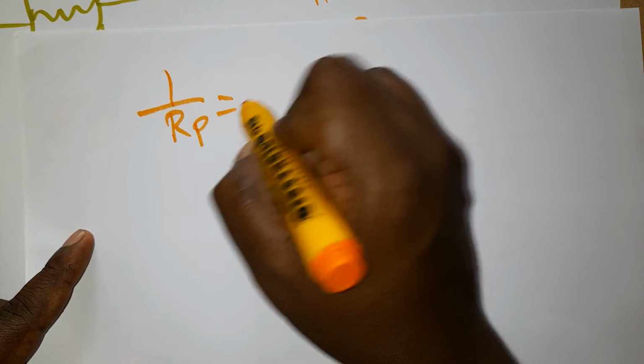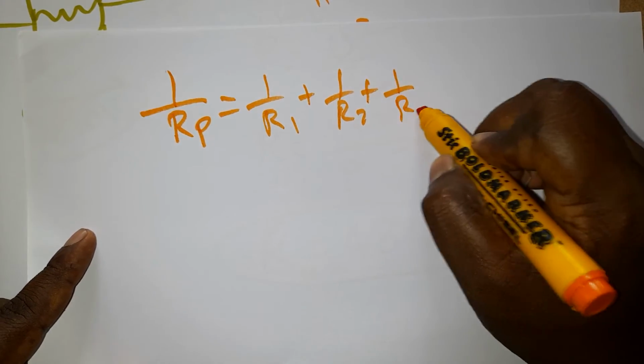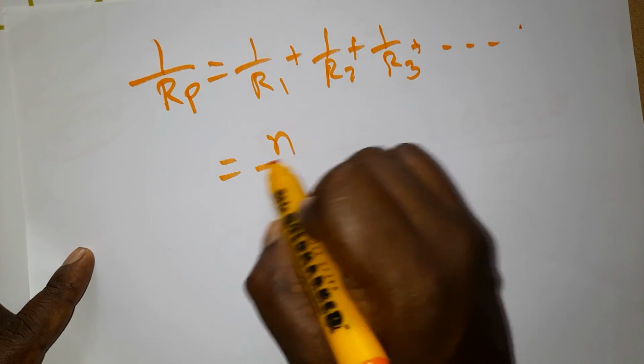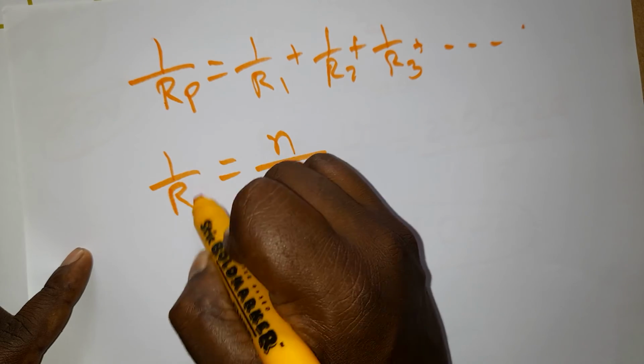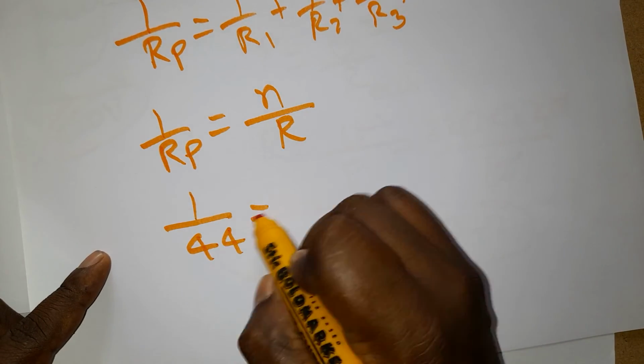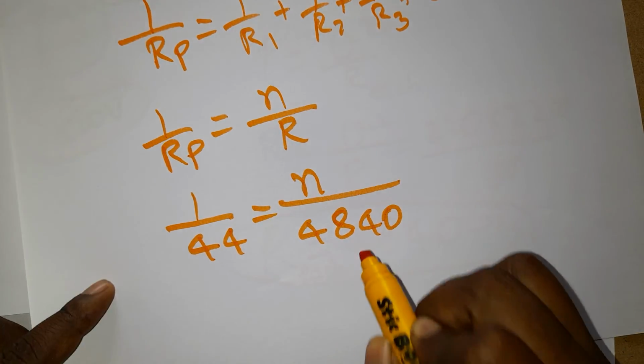1 by Rp is equal to 1 by R1 plus 1 by R2 plus 1 by R3 and so on till n number, that is n by R. What is the total resistance? 44, so 1 by 44. What is the n value? We don't know. What is each resistance? 4840.